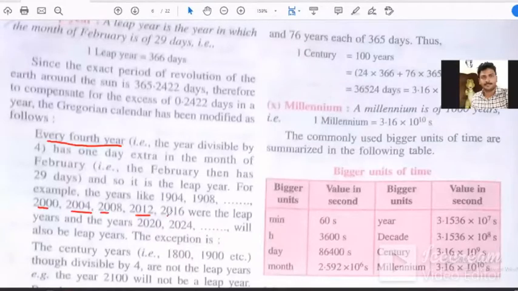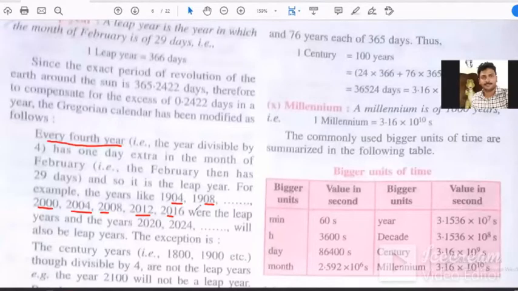In short, we can say that if you divide the number by 4, see, the last two digits are 04, 08, 12, and if it is divisible, then generally we can say that the year is a leap year.